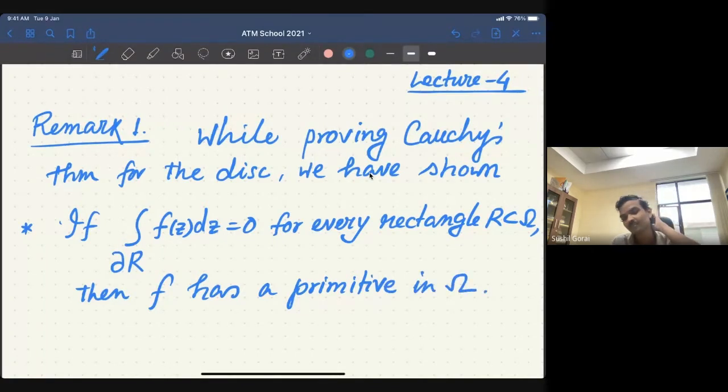So this is a very crucial statement which is hidden in the proof. We used that this integral is 0 for every rectangle R inside Omega because of Cauchy's theorem for the rectangle. But we used that to show f has a primitive. So in particular, we have this statement. So this kind of statement is quite important.